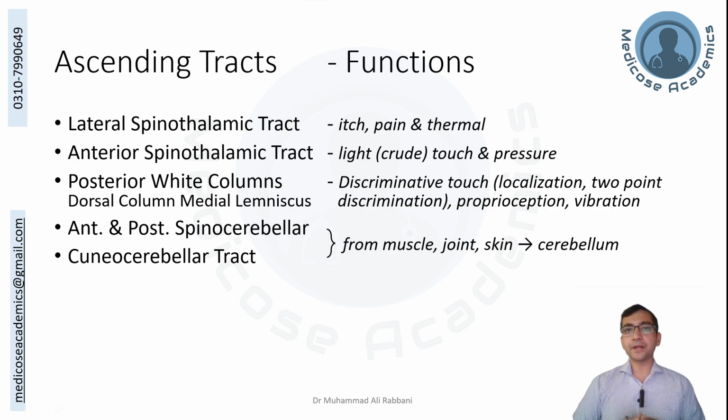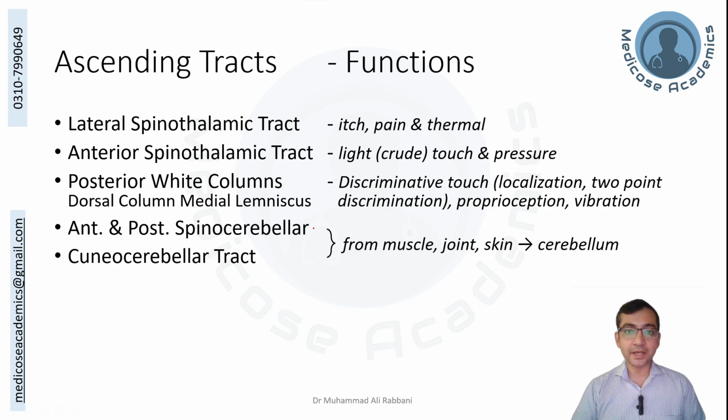Then there are tracts that are going to the cerebellum. The tracts taking them are the anterior spinocerebellar, the posterior spinocerebellar, and the cuneocerebellar. We will discuss them, but the point to get from that is that these are the tracts that are carrying the proprioceptive signal to the cerebellum. So here is an interesting point that comes to mind.